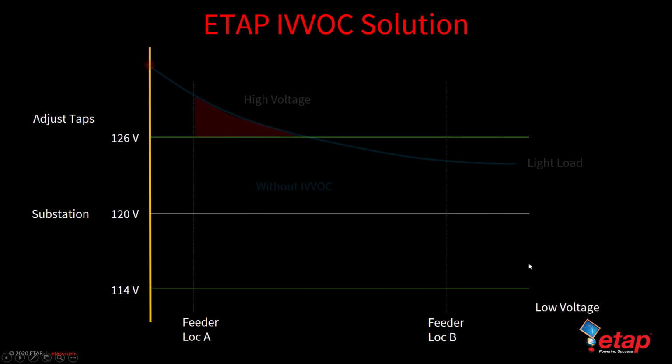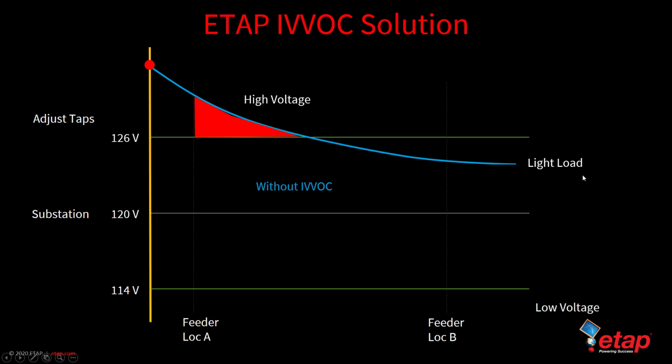And of course, for our final case where you have a lightly loaded system without integrated VVOC, you can apply ETAP VVOC and you may see a slightly lower value at the substation sending side, but a higher value at the endpoints, depending upon, again, where the compensation devices are actually located in the system.